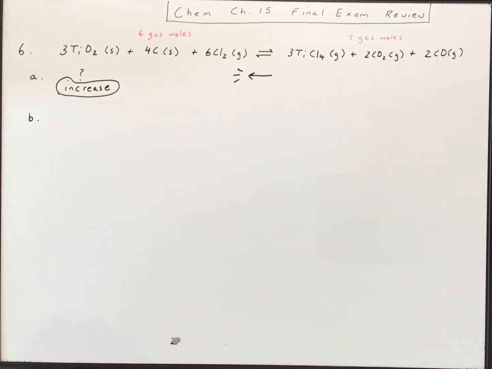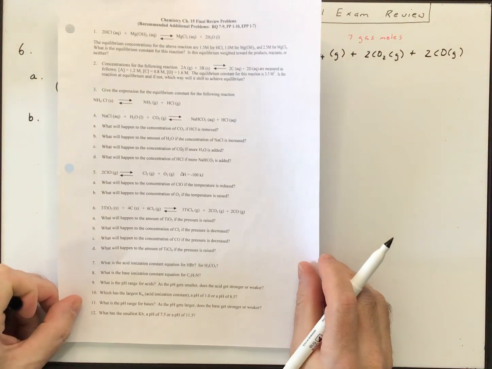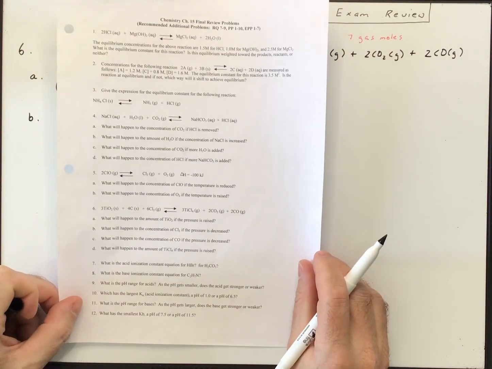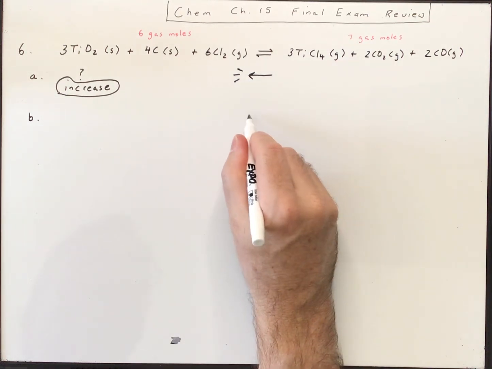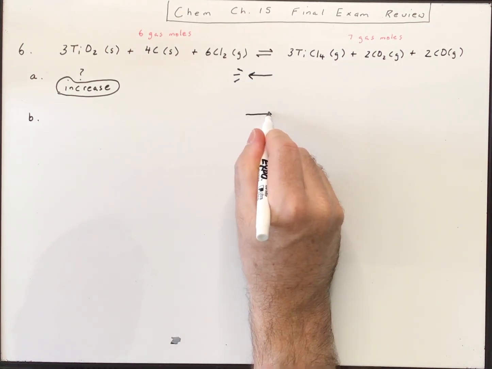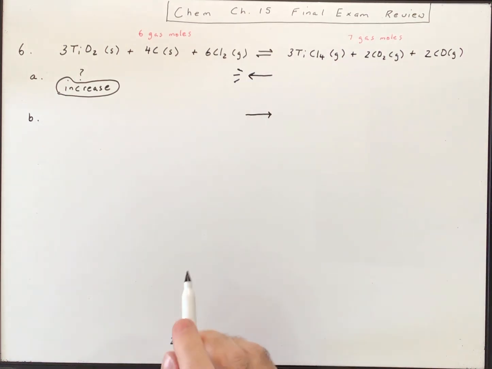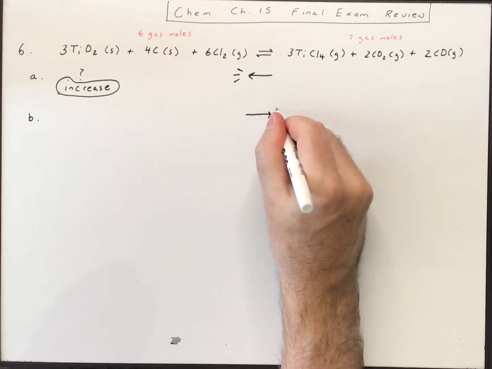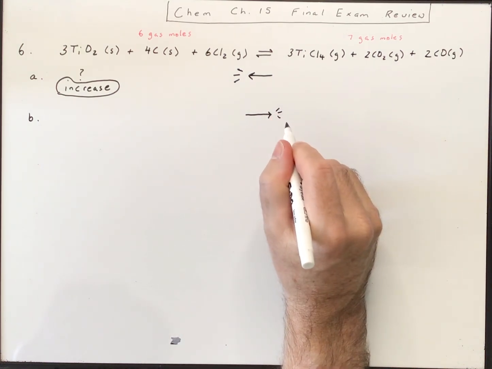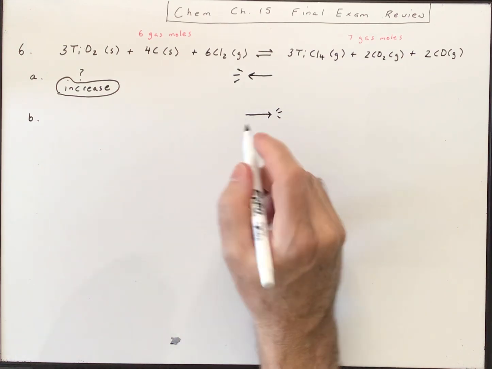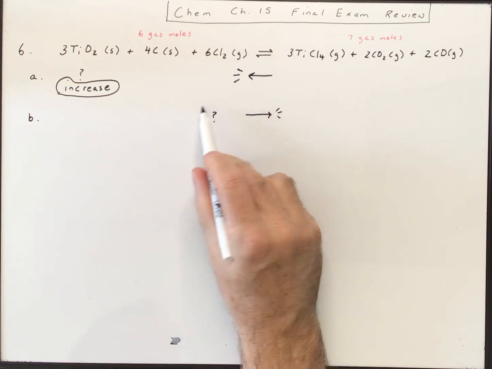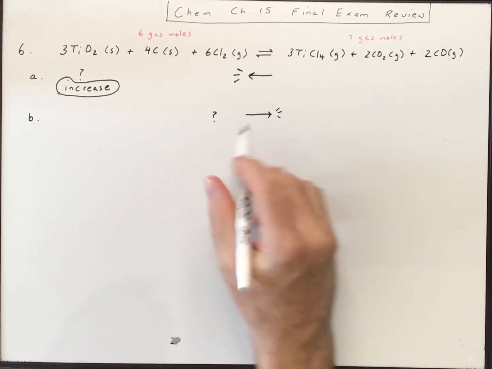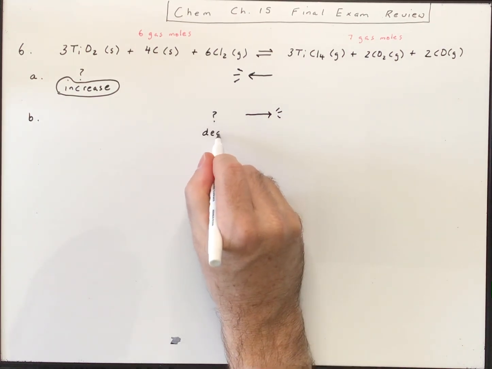All right, part B says, what will happen to the concentration of Cl2 if the pressure is decreased? Well, if the pressure is decreased, the arrow will just simply go the other direction. So if you got part A right, you should get part B right. Cl2 is a reactant. The reactants will be drained. The products will be filled, so it will decrease.